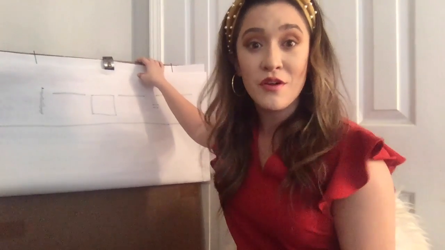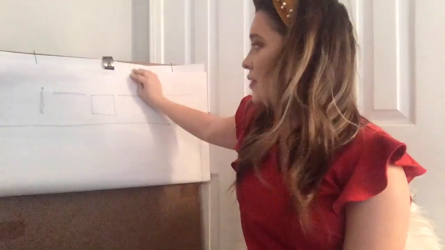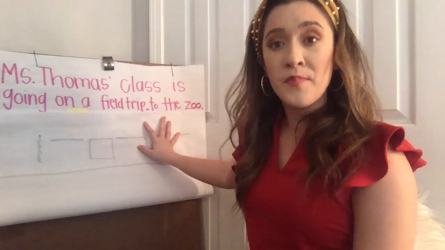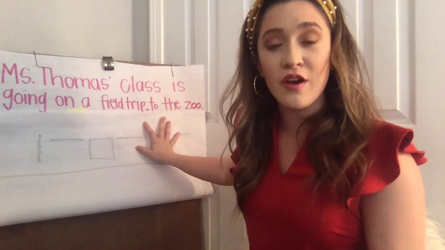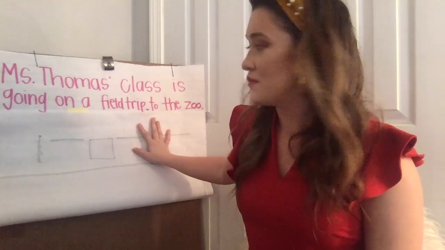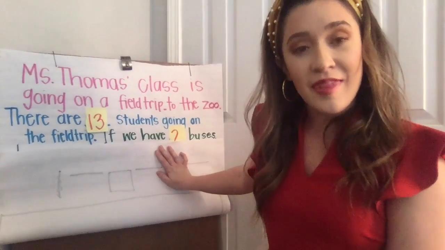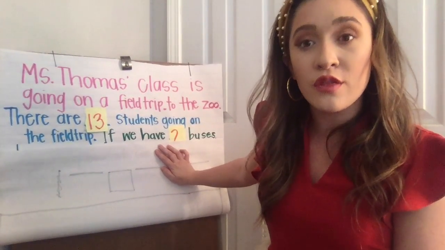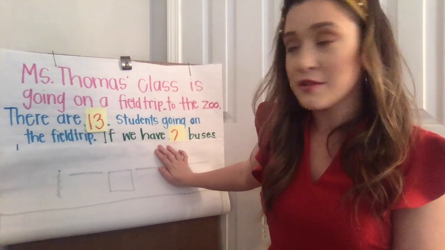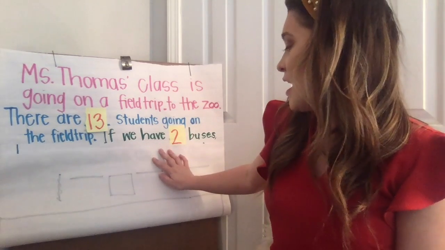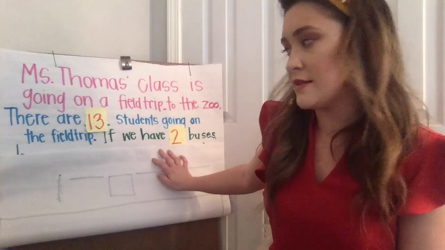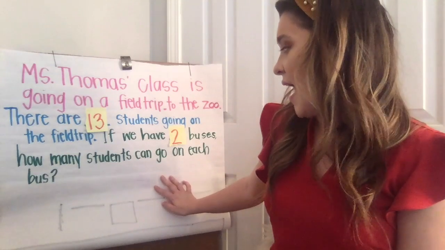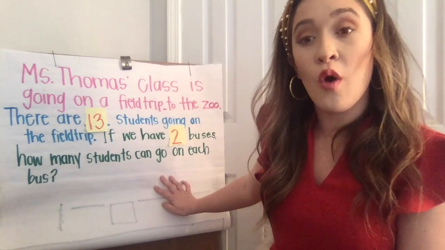Okay, so the numbers are in, and let's read it again. Try to visualize. Miss Thomas's class is going on a field trip to the zoo. There are 13 students going on the field trip. If we have two buses, how many students can go on each bus?